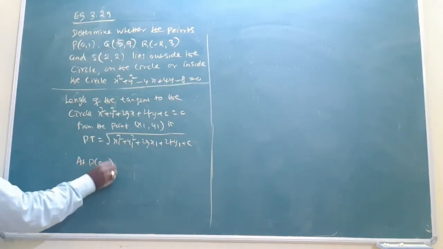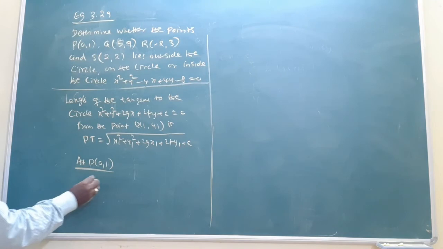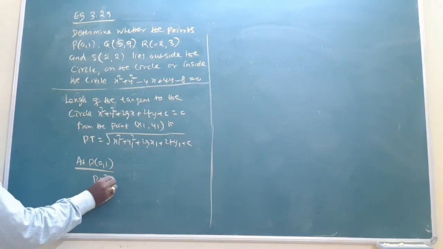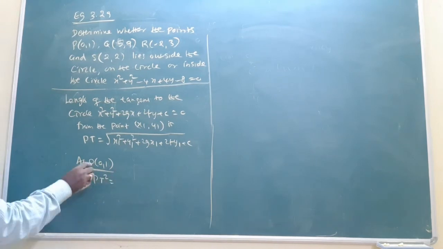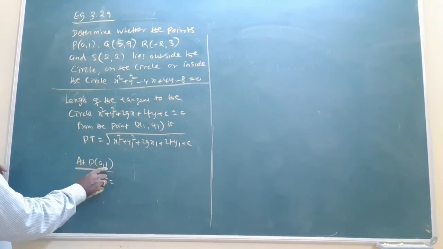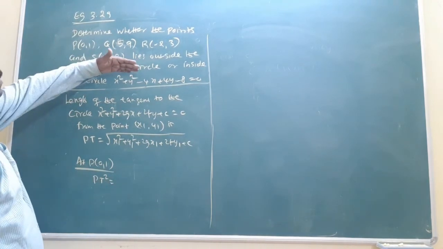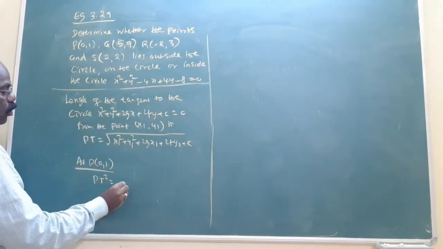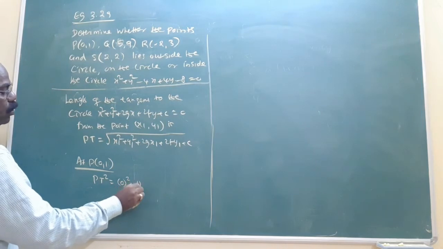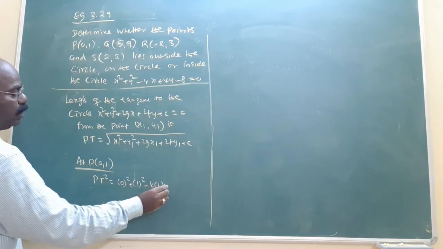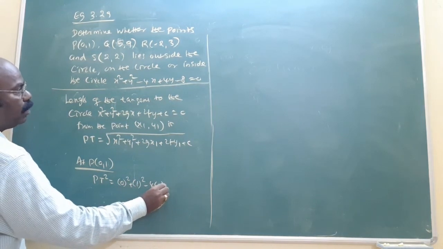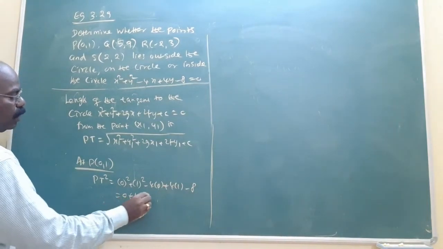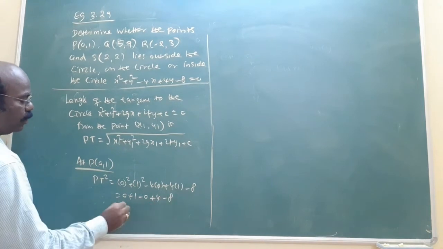Now what is the first point? P of 0 comma 1. What I told you? In this case, PT square without square root, replace x by 0, y by 1 in the given circle. That's important. 0 square plus 1 square minus 4 into 0 plus 4 into 1 minus 8. 0 plus 1 minus 0 plus 4 minus 8.